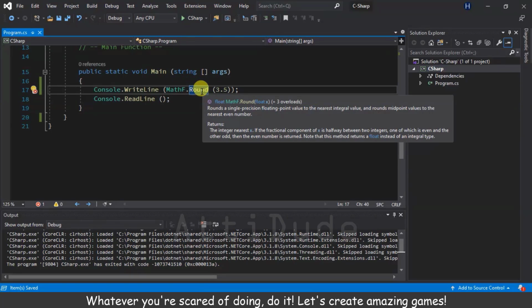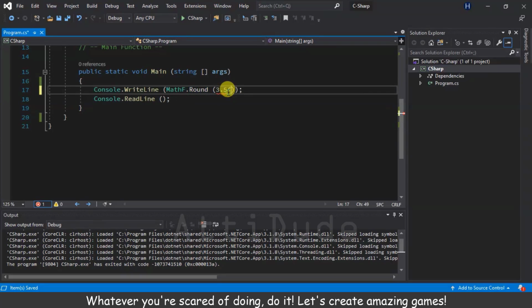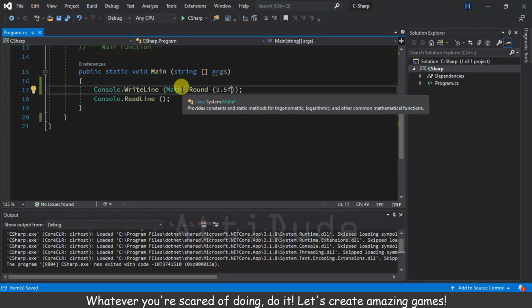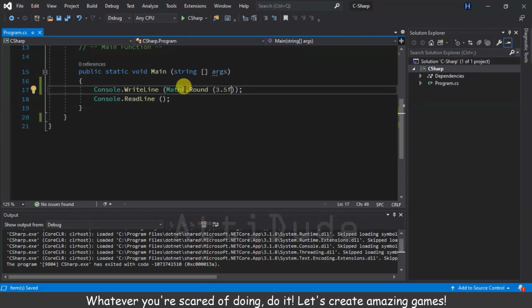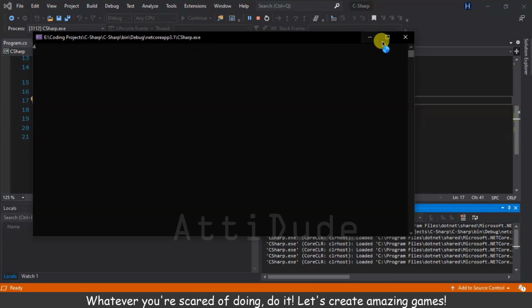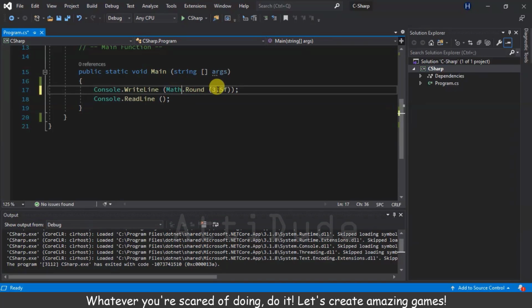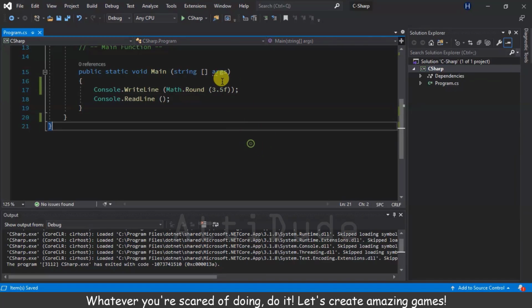I don't know what happens with MathF.Round. It's float in MathF, because I think the F stands for float. Let's see, it works the same way, but instead we have to pass in float values, whereas before we passed in decimal values.